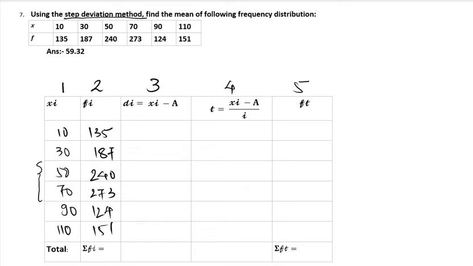So which one to choose as the assumed mean? As I told you earlier, you can choose any one of these two as assumed mean, and that will not affect your answer. Your answer would still be the same. So you can take 70 as assumed mean or 50 as assumed mean. Let us take 70 as assumed mean.